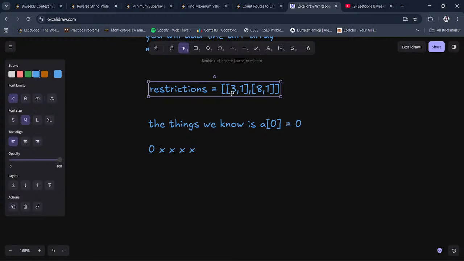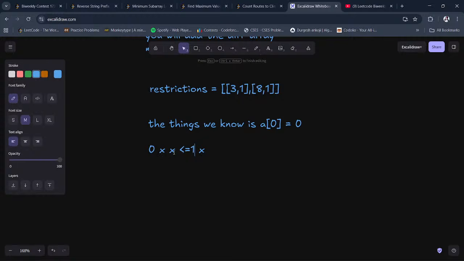So if I try to place at the third index, 0, 1, 2, 3, this value should be less than or equal to 1. The eighth index value should also be less than or equal to 1.